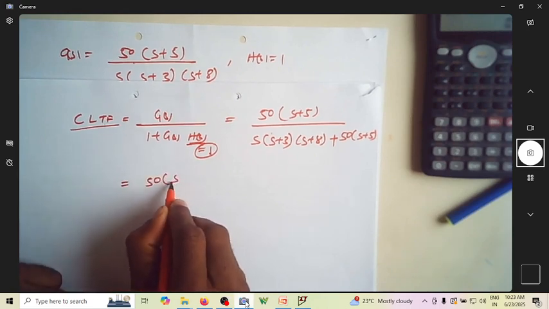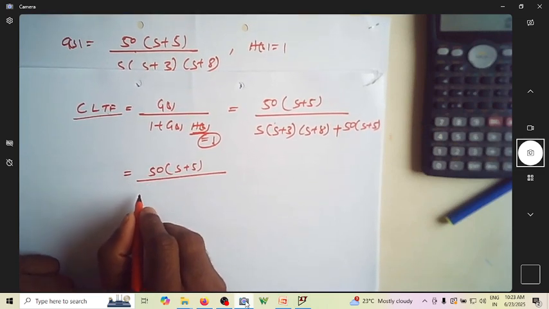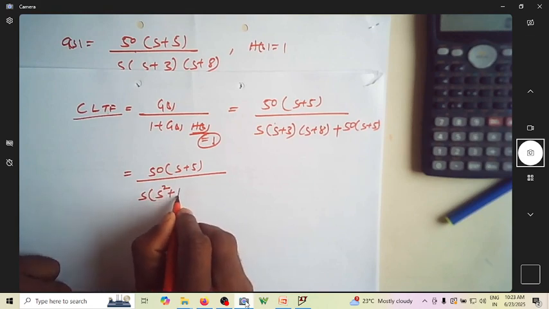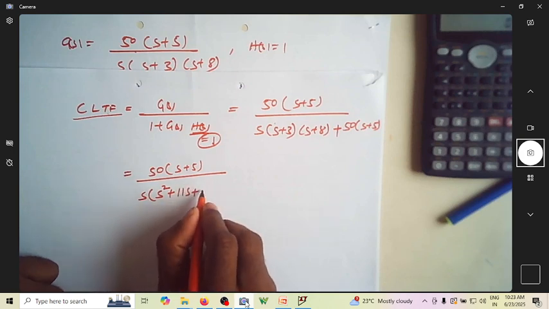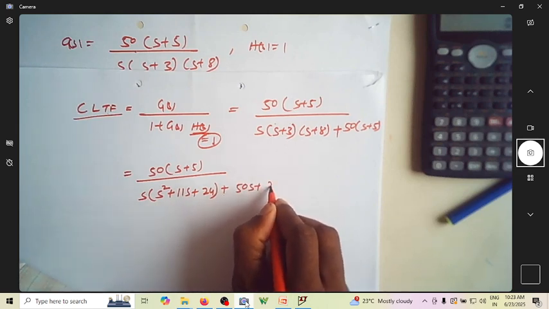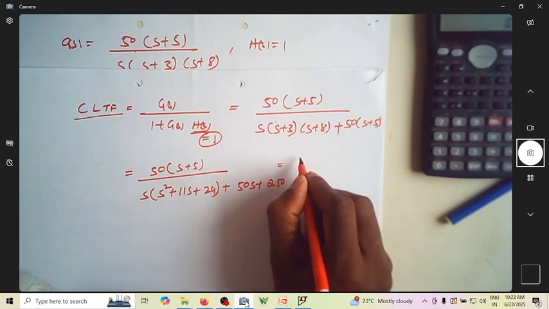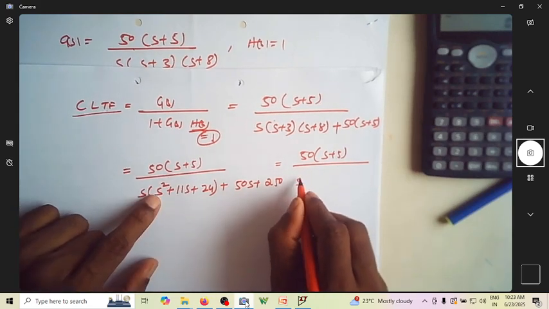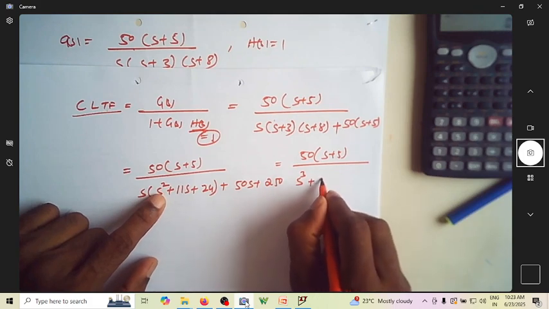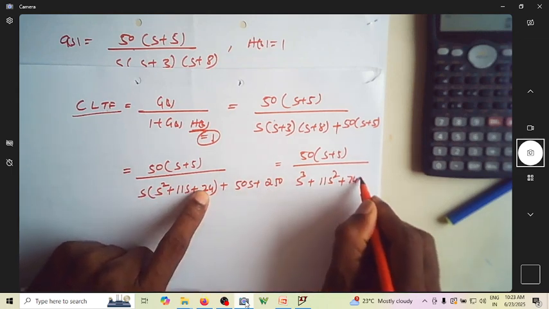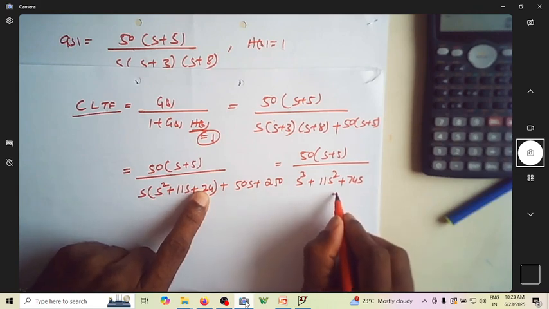It is 50 into (s plus 5) divided by s into (s square plus 11s plus 24) plus 50s plus 250. Then this is s cube plus 11s square plus 24s plus 50s, that is 74s, plus 250.